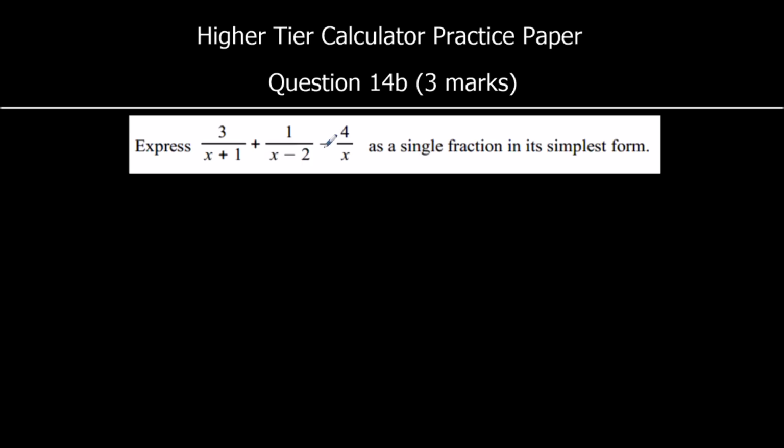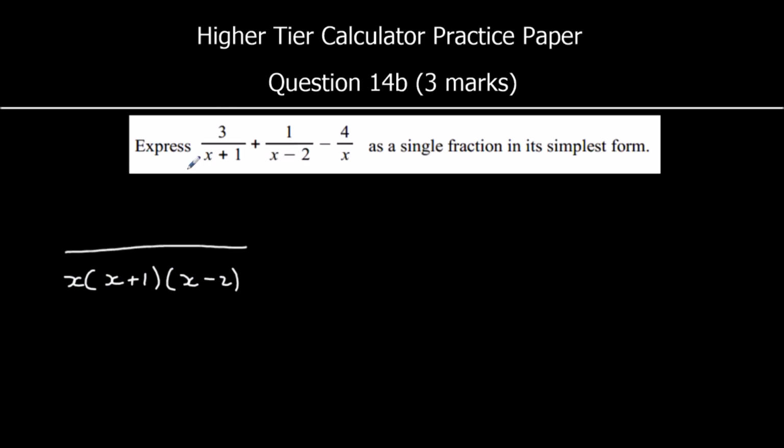So we can make the denominator x times x plus 1 times x minus 2. And whatever we multiply the bottom by, we have to multiply the top by the same thing. So we're going to have x times x plus 1 times x minus 2 on the bottom.